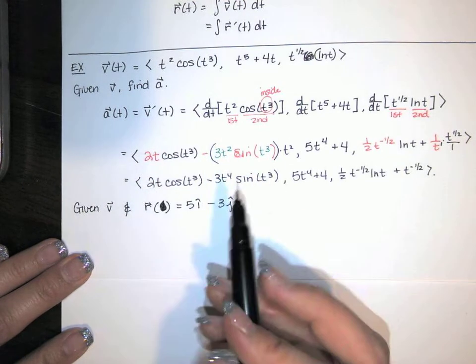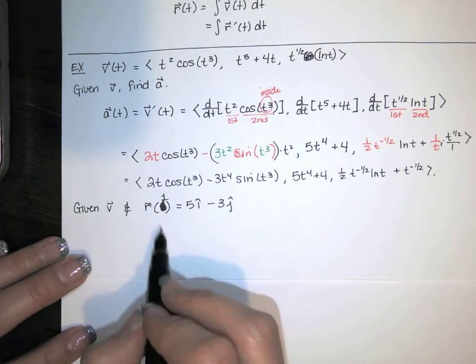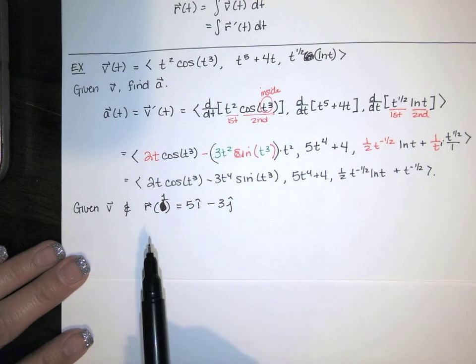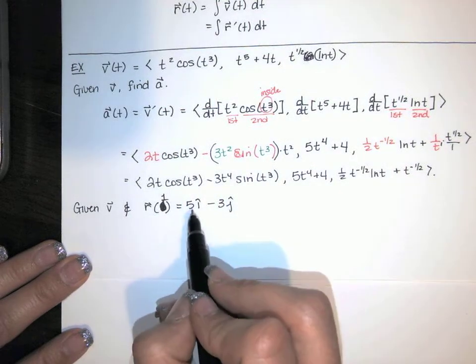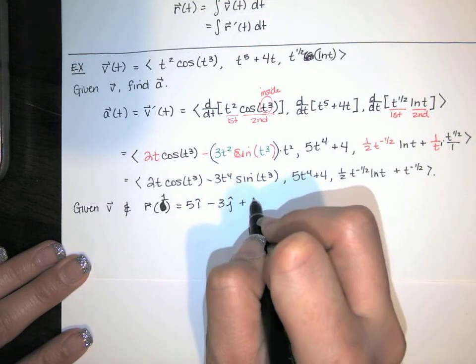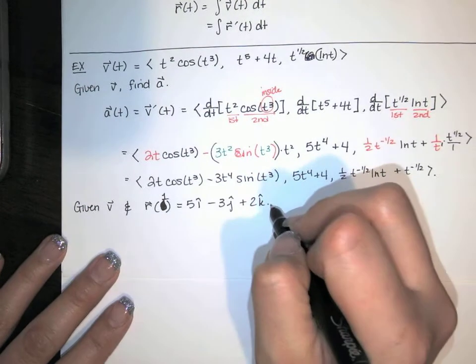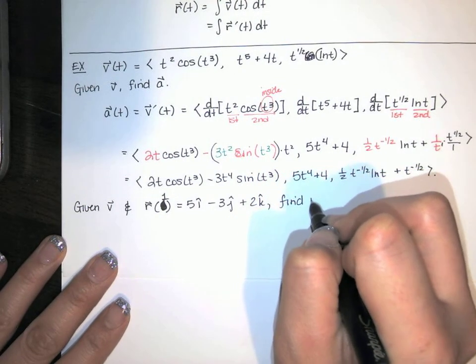Let's not do 1 either. That's fine. That'll be fine. We'll do 1. It's going to be kind of ugly, but that's okay. So we'll do r of 1 is 5 times i hat minus 3 times j hat plus 2k hat, let's say. Okay? They might ask you to find r.